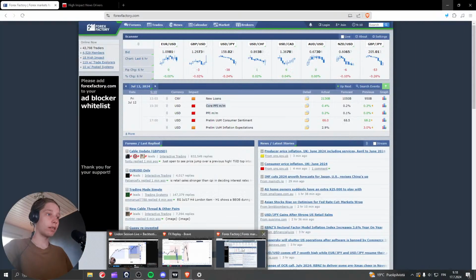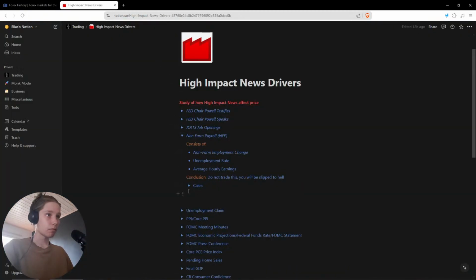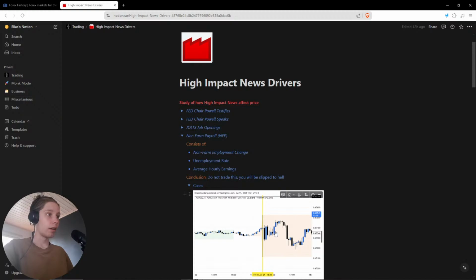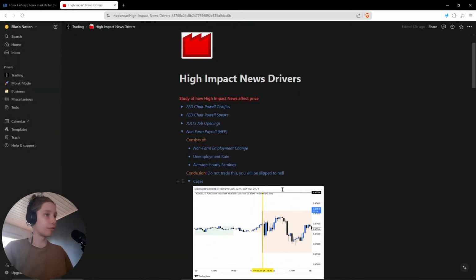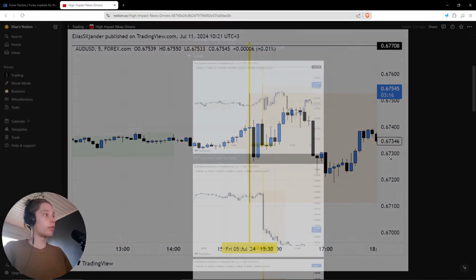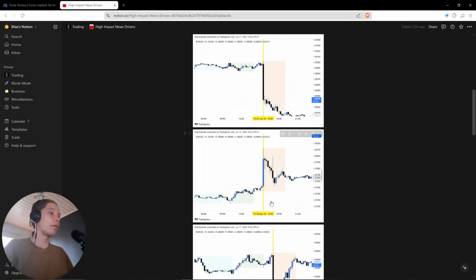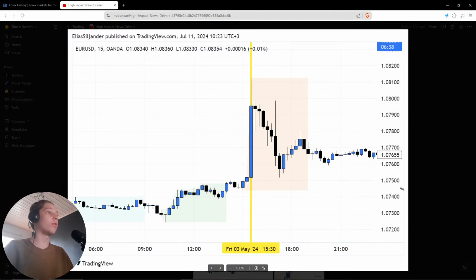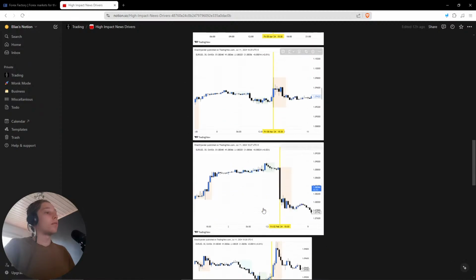Whereas let's take a look at NFP again. NFP doesn't really support the structure, nor does it follow it or respect it. You can see how the wicks are massive. There's no way to enter in this. Usually on NFP days also the London session prior moves very badly, so that's another reason why you cannot trade this anyway.